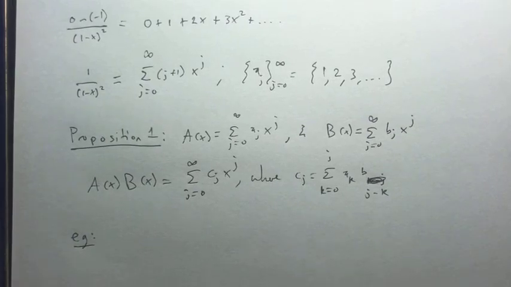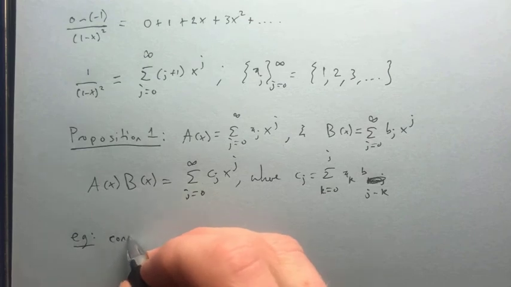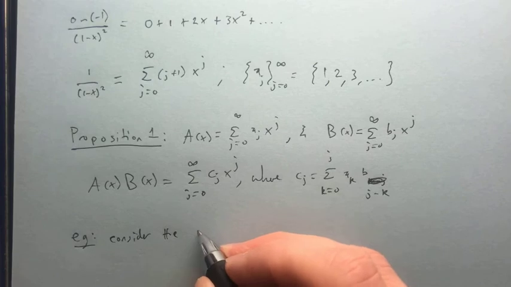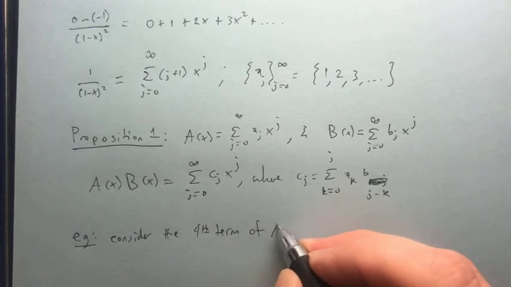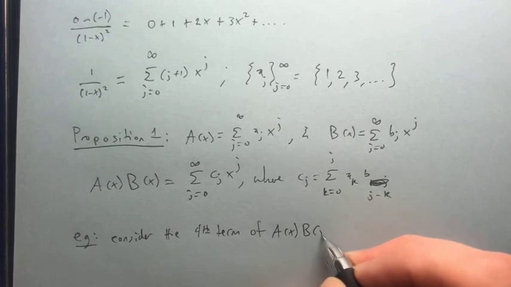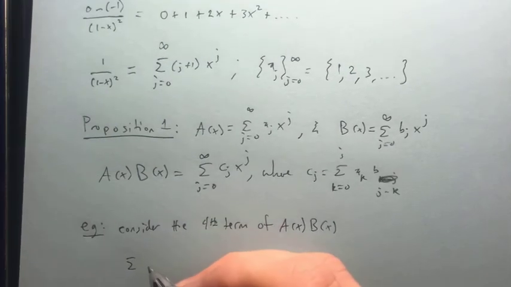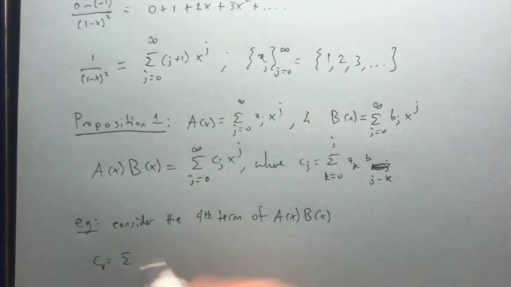But let's just see, for example, consider let's look at the fourth term of a of x times b of x, where we've got some sequence of a_j's and b_j's. Well, that's going to be the fourth term. So c sub 4, or it's the fourth coefficient. I guess that'd be the fifth coefficient.